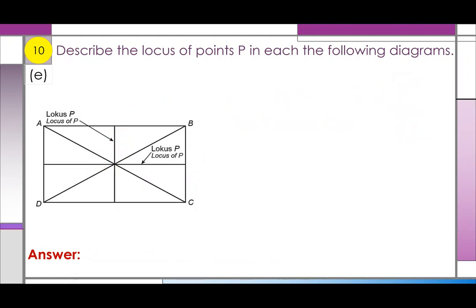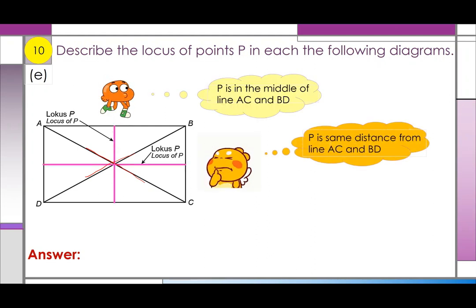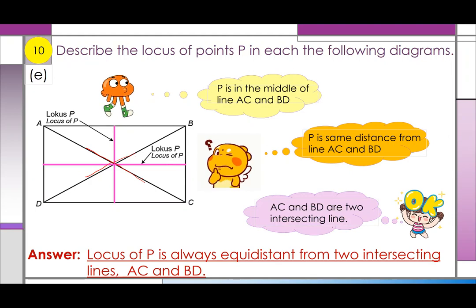Question 10E. So how do you describe your locus P? Do you see? This is your locus P. This is two intersecting lines. P is in the middle of the lines AC and BD. P is the same distance from AC and BD. So AC and BD are two intersecting lines.